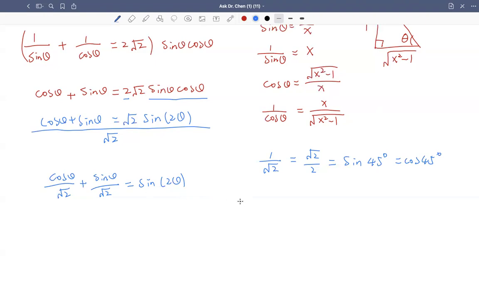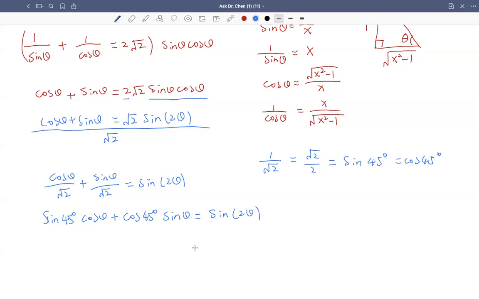But because we know sine of 2 theta can also be written as sine of theta plus theta, so another way, let's write this: sine 45 times cosine theta plus cosine 45 sine theta, and that equals sine of 2 theta.